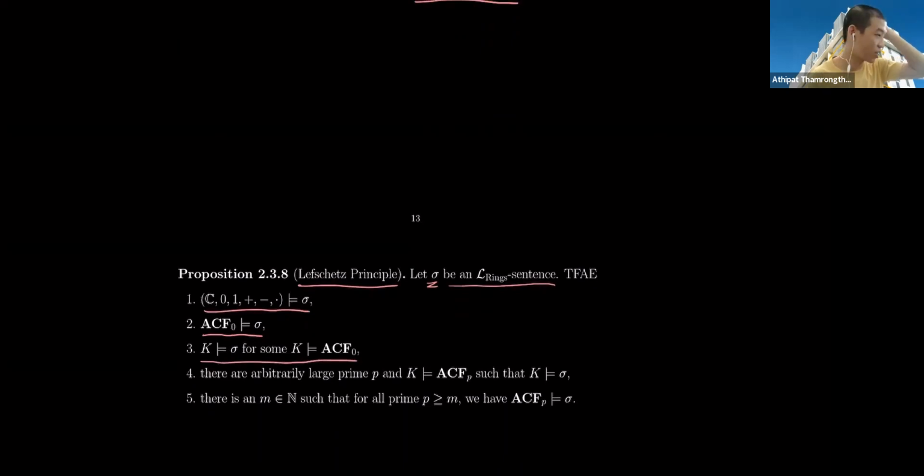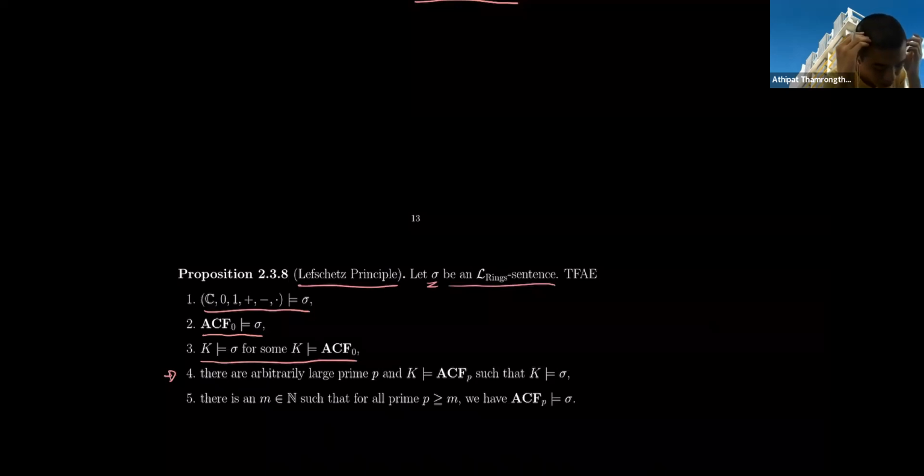These might not surprise you yet, but the next part is very interesting. Here we get that if 3 holds, then there are arbitrarily large primes p such that K is an algebraically closed field of characteristic p and K satisfies sigma.